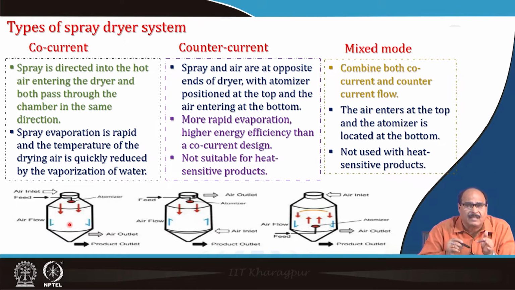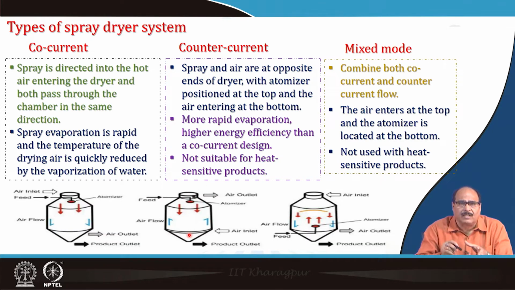So, spray evaporation is rapid and the temperature of the drying air is quickly reduced by the vaporization of the water in this type of system. In the counter current system, you can see here air is introduced at the bottom, going from the bottom to the top, and the feed is introduced from the top.